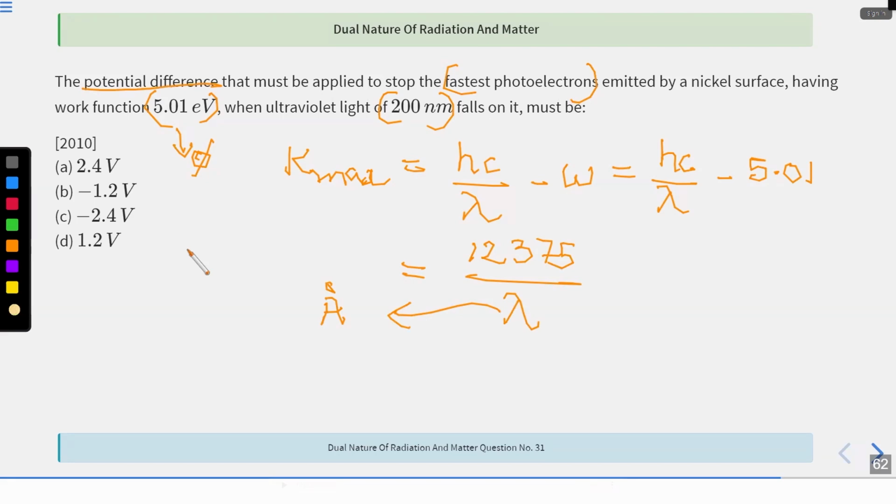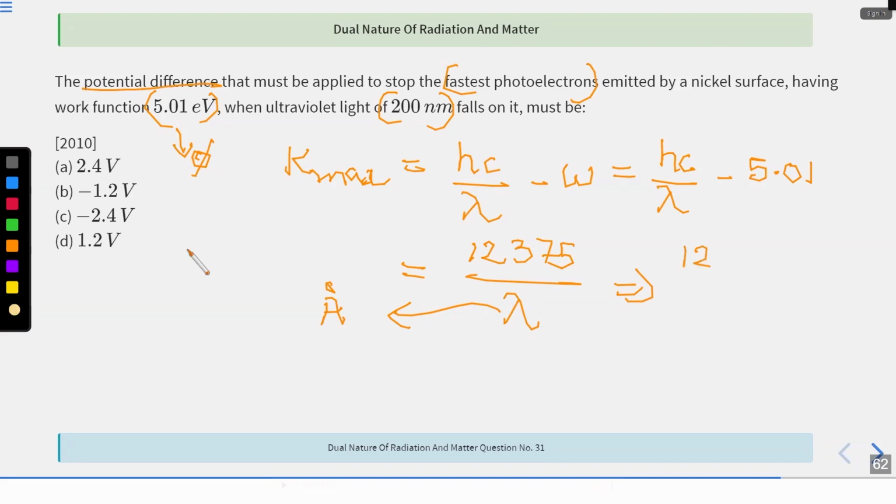Yeah, so since it is 200 nanometer, I'll convert it to angstrom. And how do I do that? Nanometer is nothing but 10 to the power minus 9 meter, and angstrom is 10 to the power minus 10.